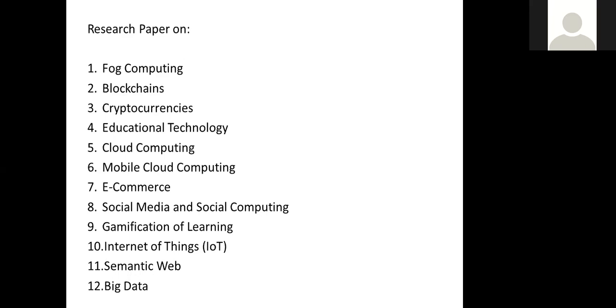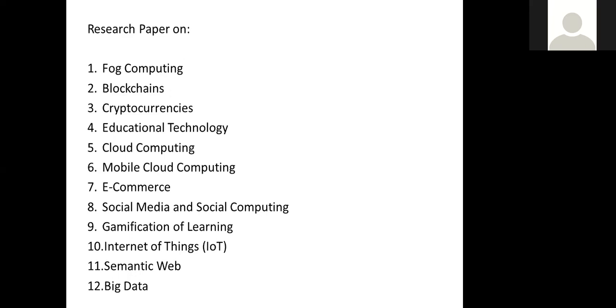But these are the 12 areas of research that I am currently involved in. The first 6, going according to the order: 1, fog computing; 2, blockchains; 3, cryptocurrencies; 4, educational technology; 5, cloud computing; 6, mobile cloud computing are at the moment my primary areas of research.